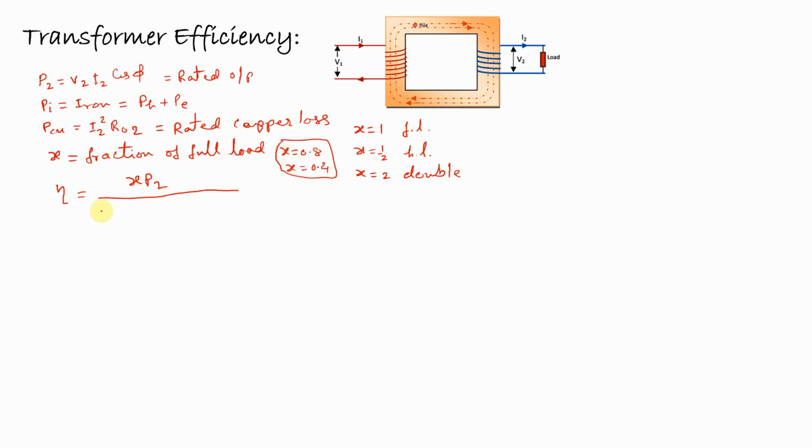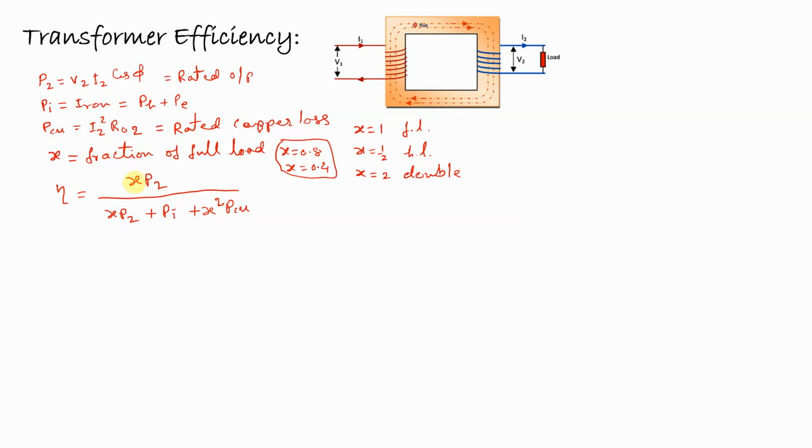So it is output power upon output power plus losses. So again it will be X P2 plus Pi plus X square PCU. As we have already seen, as the load changes, the corresponding current changes, and depending upon the current, the copper loss changes as the square of the current.